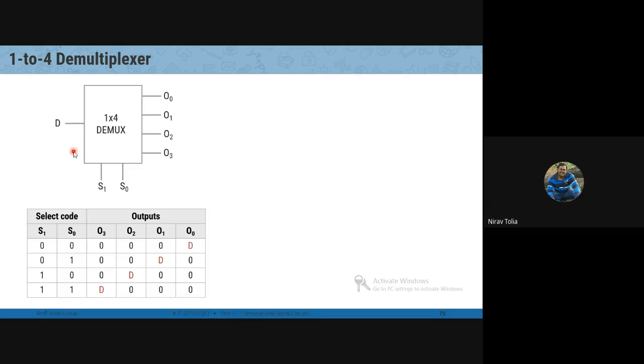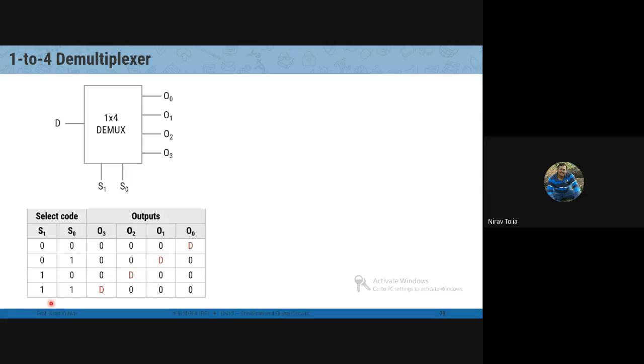When my input is 1, 0, then my data input is connected with the output O2 only. My outputs O1, O0 and O3 remain inactive, in a zero state. So here all are zeros. Only O2 is connected with D, denoted by D.